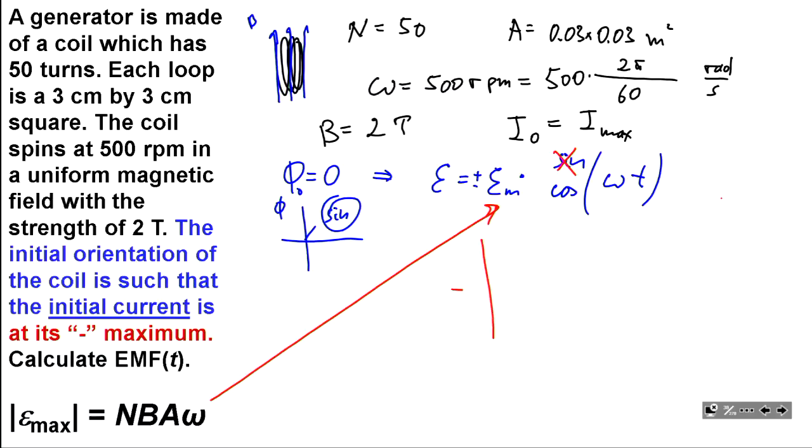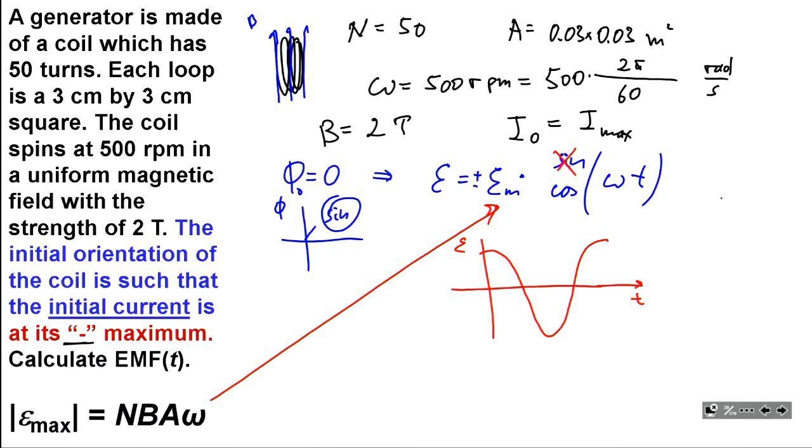So we can make an assumption that the graph for EMF looks like this, starts from positive EMF. We actually have extra information. I forgot about this. It should start from a negative maximum.